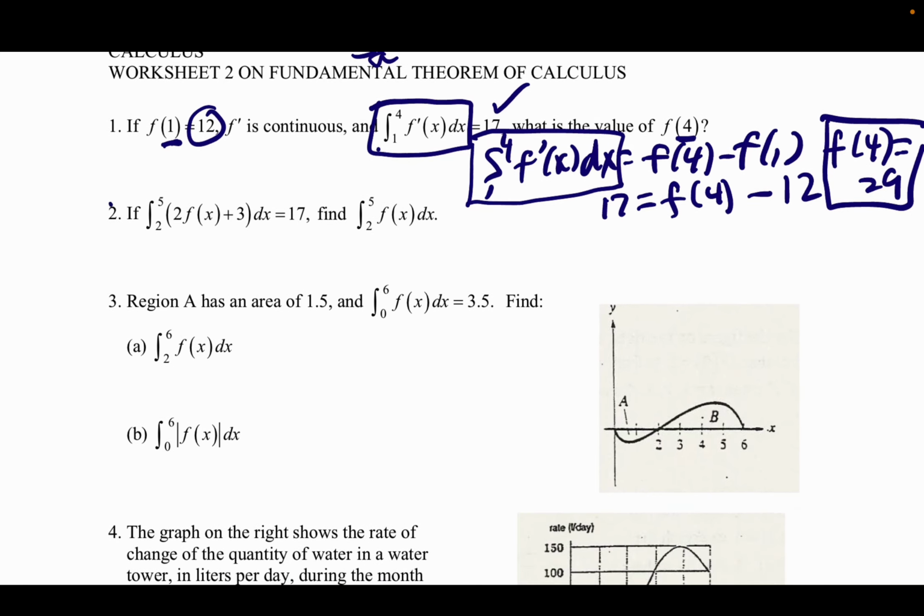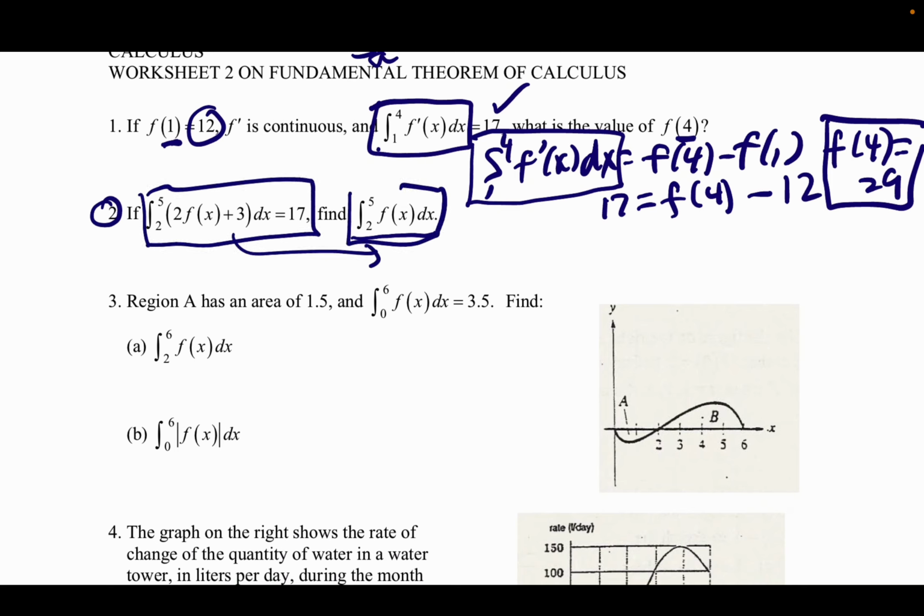All right, on number 2, I'm going to distribute first. They want me to find this. So let's just work this algebra problem right here. This is an algebra problem to solve for this expression. All right, so I'm going to distribute.